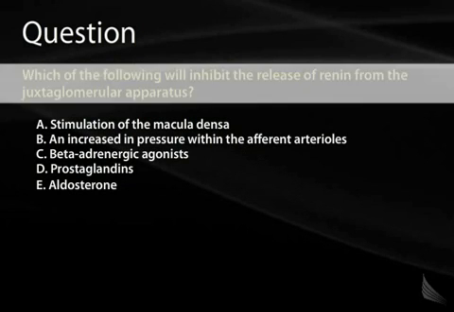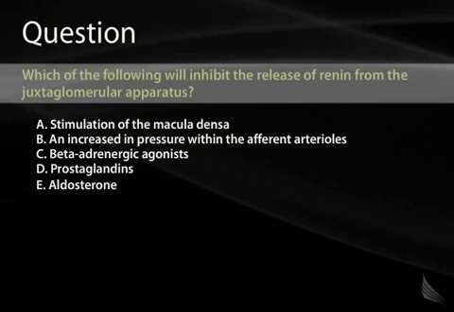Question 3. Which of the following will inhibit the release of renin from the juxtaglomerular apparatus? A. Stimulation of the macula densa. B. Increase in pressure within the afferent arterioles. C. Beta-adrenergic agonists. D. Prostaglandins.